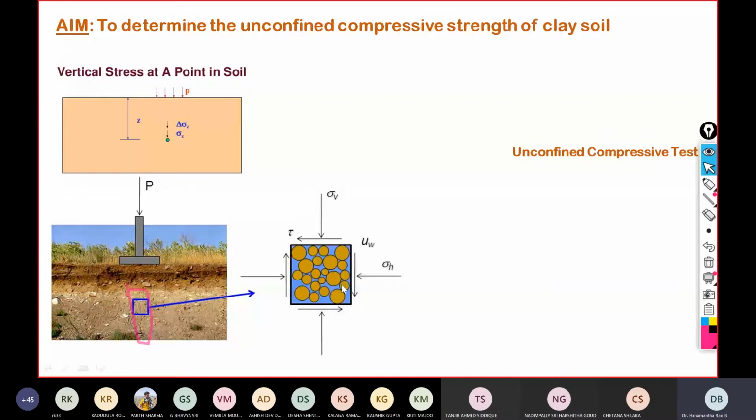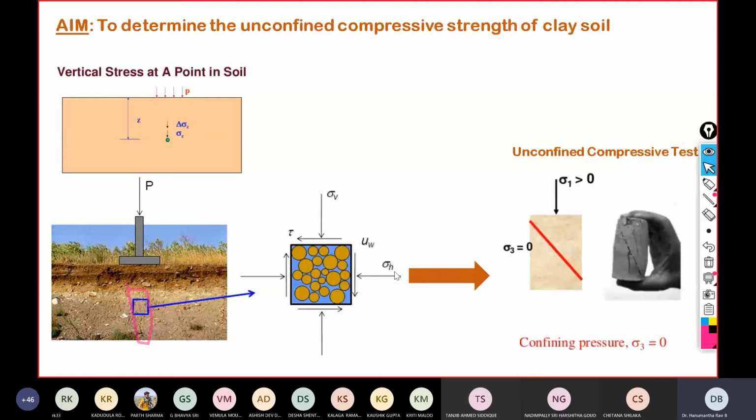Now, when I talk about the unconfined compressive strength, this is one of such combinations. In this combination, there is a word called unconfined. Here, unconfined means there is no confining stress in the lateral direction, that is, sigma h is 0.